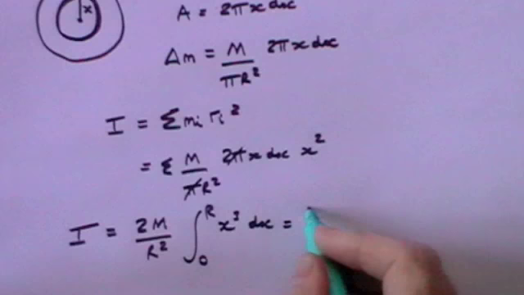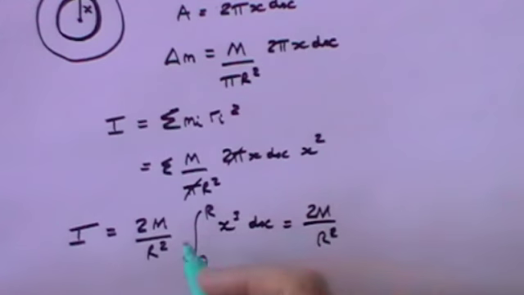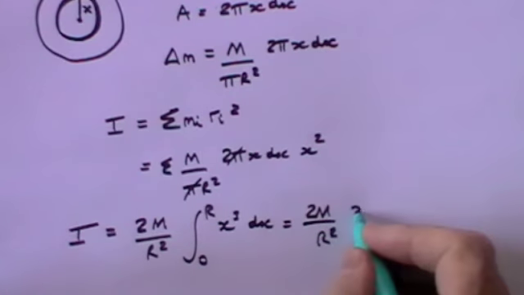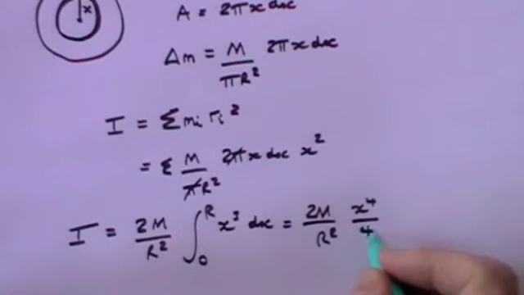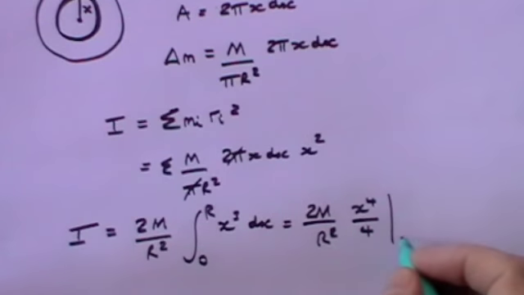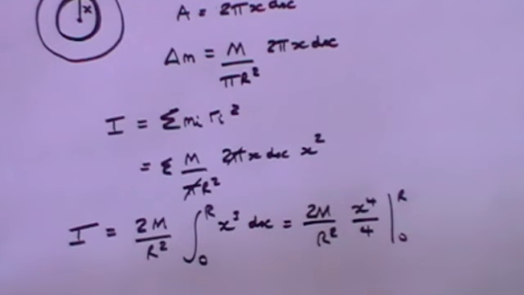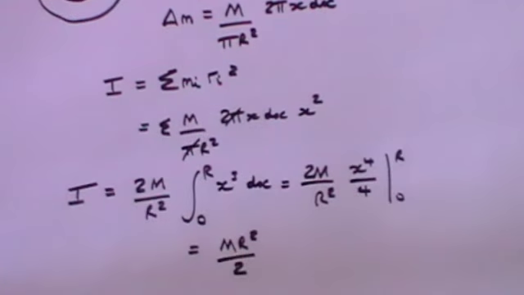And that will be 2m over r squared, which is this term here. When you integrate x cubed, you get x to the 4th over 4, evaluated from 0 to r. And when you do that, you will find that that equals mr squared over 2.